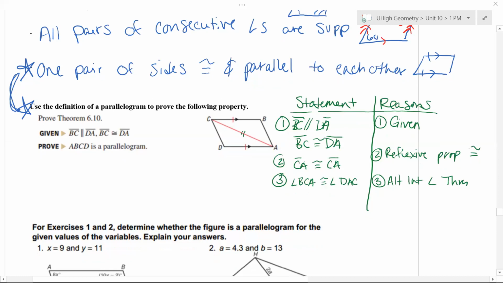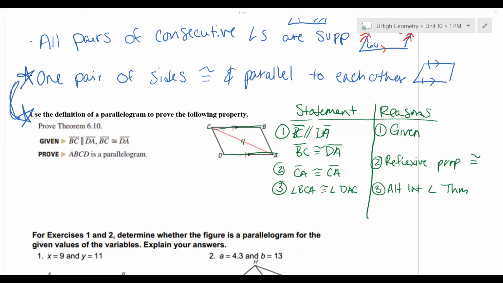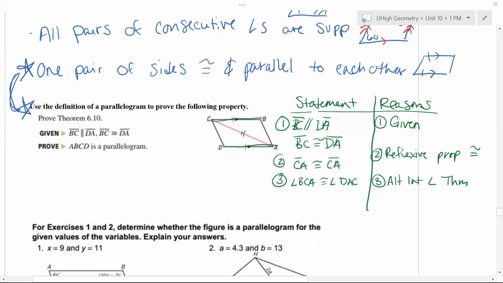So if we see, we have DA and CB are parallel with our diagonal of CA as our transversal. So then we have angle BCA is congruent to angle DAC.